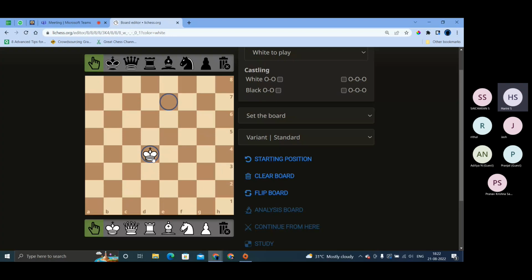So use one step. Go to A5. A5, A for apple. Here, it won't jump from here to here. It can only move one step. It cannot jump here, so it cannot go there. How else will it go?